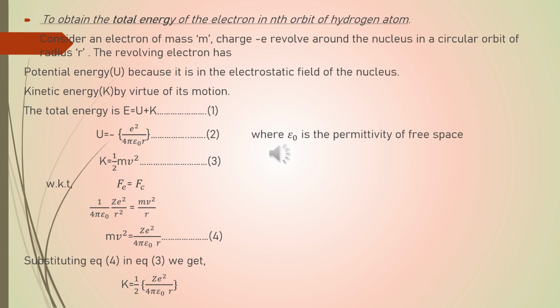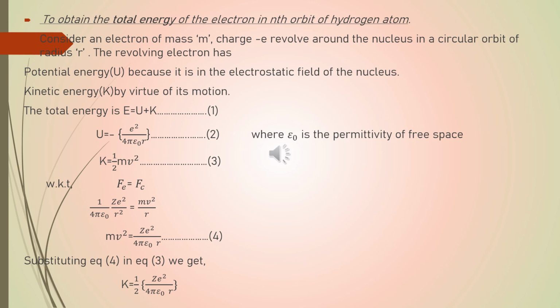Therefore, total energy E is equal to the sum of potential energy and kinetic energy. Potential energy U is equal to minus e²/4πε₀r, where ε₀ is the permittivity of free space. Kinetic energy is half mv².